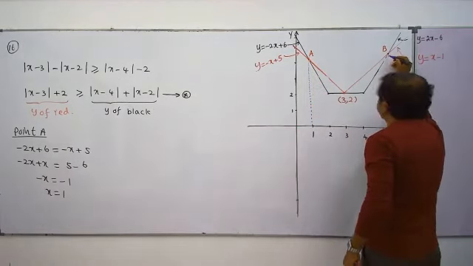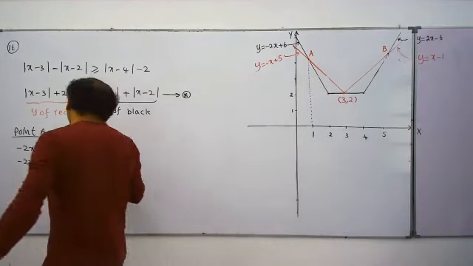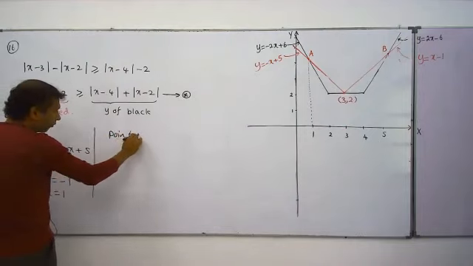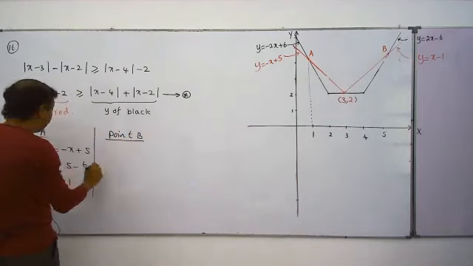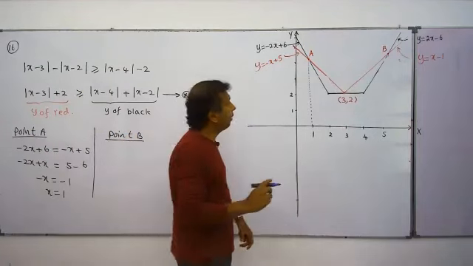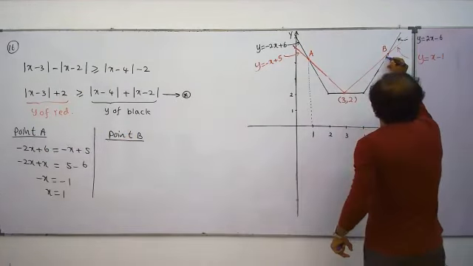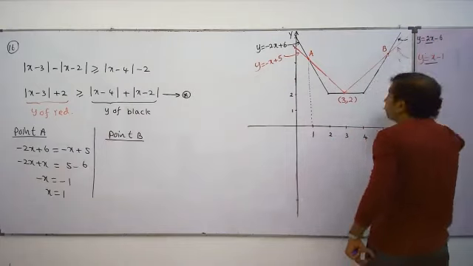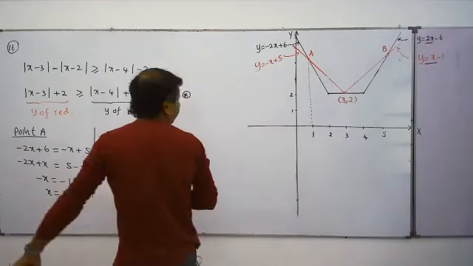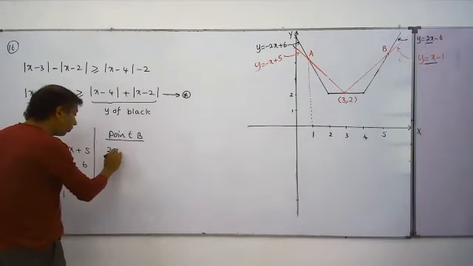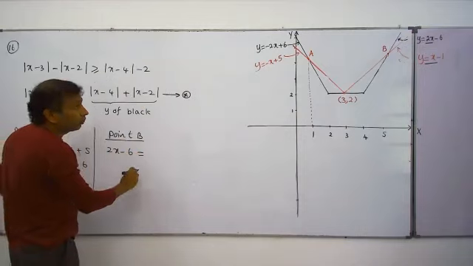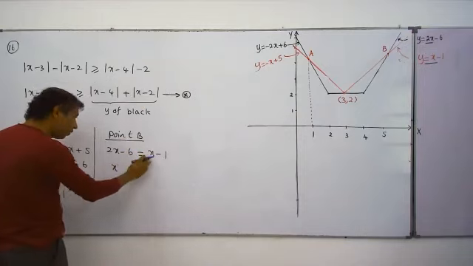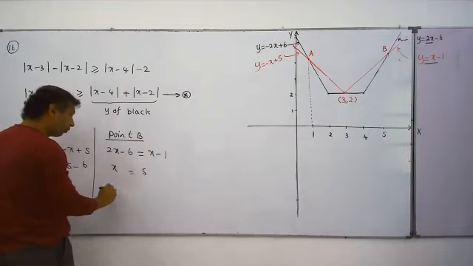We will find the x of point B. There point B comes in, people, with the intersection of this red one, this and this, no? Then equate them. 2x minus 6 is equal to x minus 1. Take this x to this side, we get x, this to the right hand side, 5.